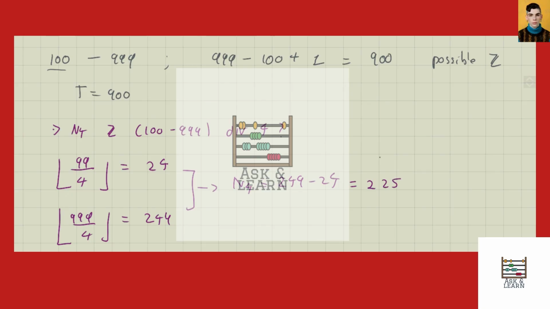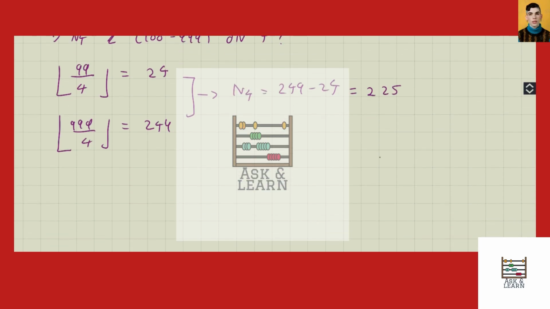And now let me explain why I'm choosing the 99 here. You can see that 100 is equal to 25 times 4, and 999 is equal to 249 times 4 plus 3.